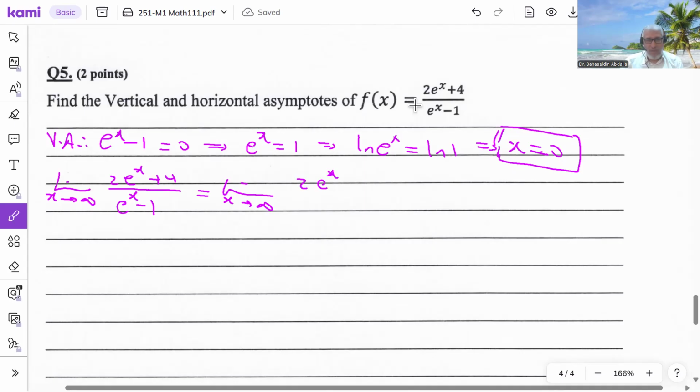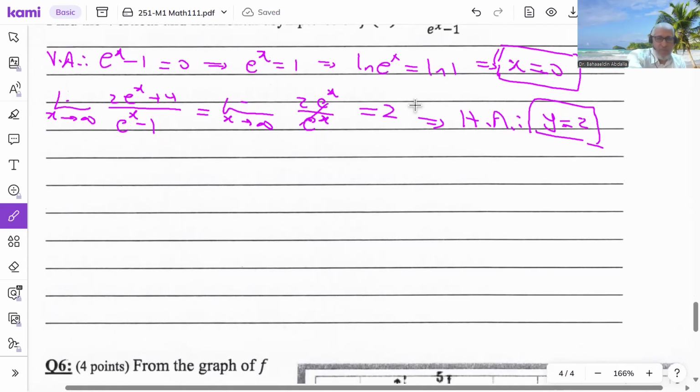So we take 2e^x here and e^x here and neglect the numbers. I can cancel these two, and limit 2 as x approaches infinity would be 2. So the equation of the horizontal asymptote would be y equals 2. This is one horizontal asymptote.